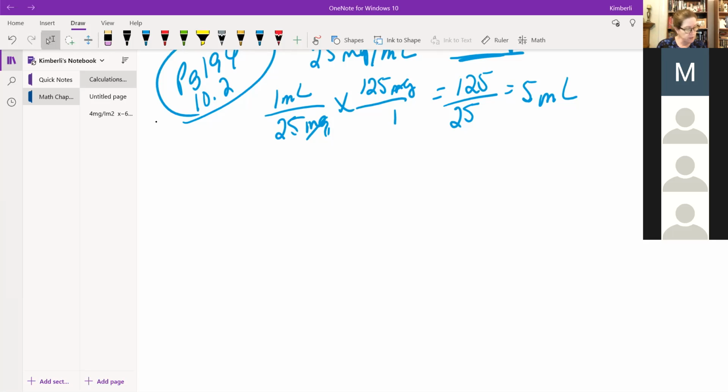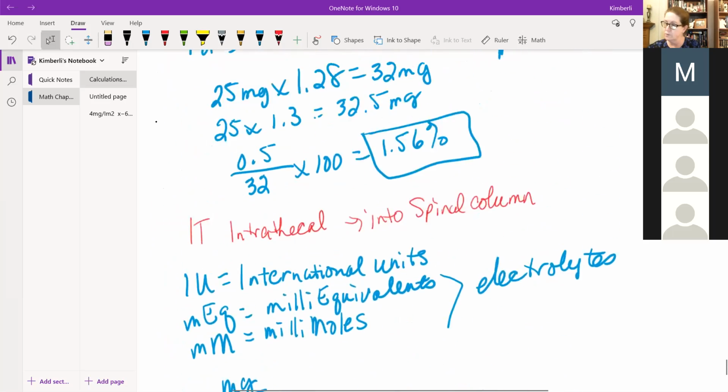On the bottom of page 196, it does the same thing that we did in the previous chapter. I'm not finding it, but remember how I gave you 3 different strengths up here?